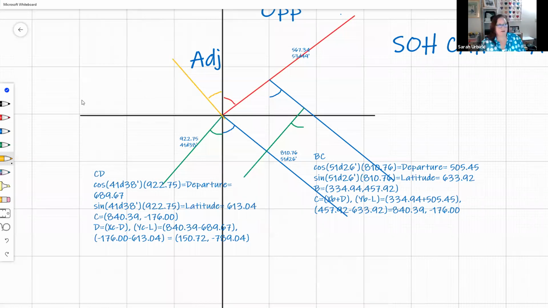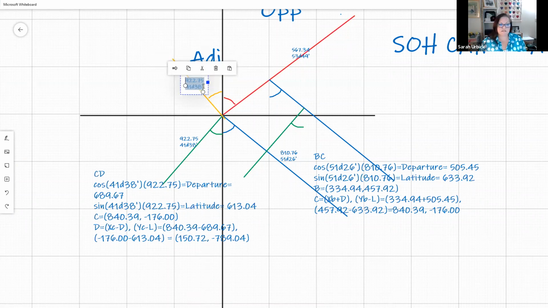It's so pretty. All right, let's take this and put our information over by our yellow line. Our distance was 411.72, and our angle was 41 degrees, 10 minutes.